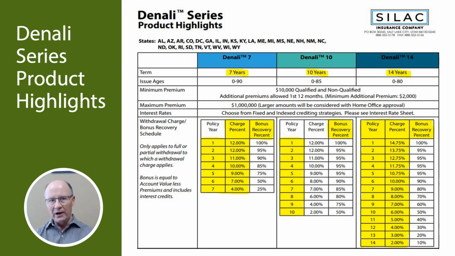But just to be aware, a lot of the fixed index annuities are longer terms, so you're looking at 7, 10, and 14. A lot of those will maybe have better free withdrawal options. Some of them have income riders that are free. Some of them have built-in RMDs that are free.